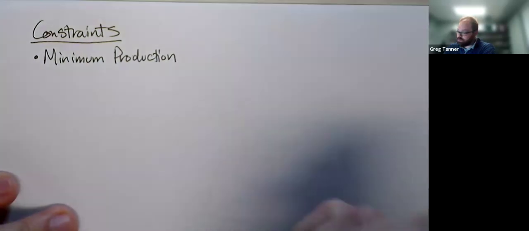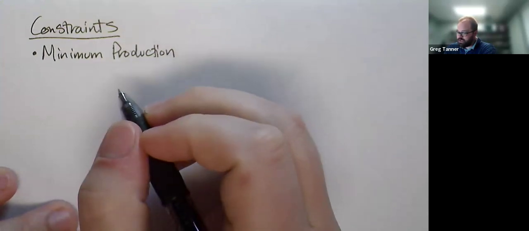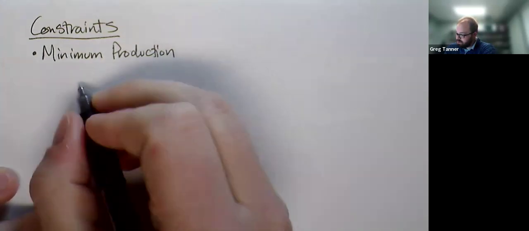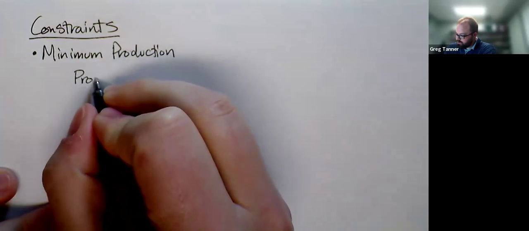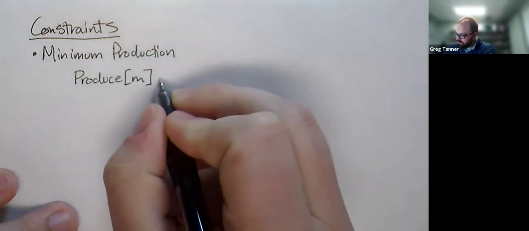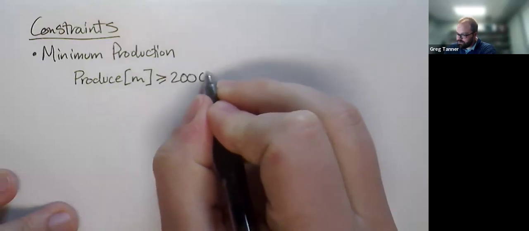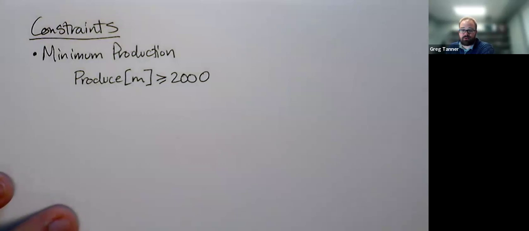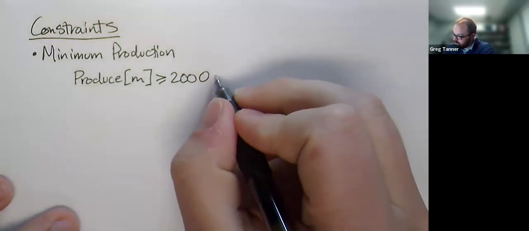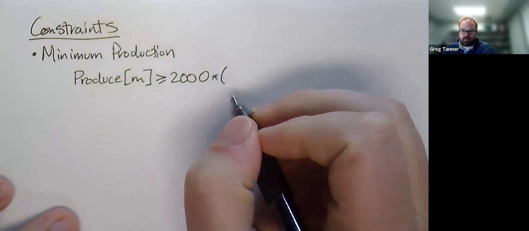Okay. So for minimum production, we need to produce at least 2,000. And so we can think of production in a given month is going to be greater than 2,000. But this would say every month we had to produce 2,000, even if we weren't doing a shift. And so what we're going to do is take this 2,000 and multiply it by whether or not we do a shift.